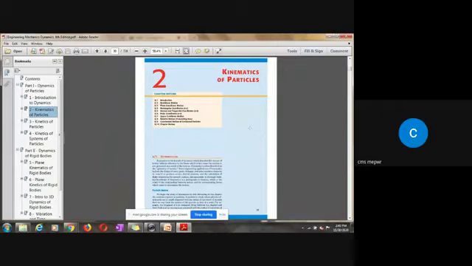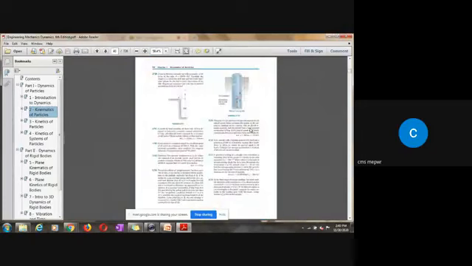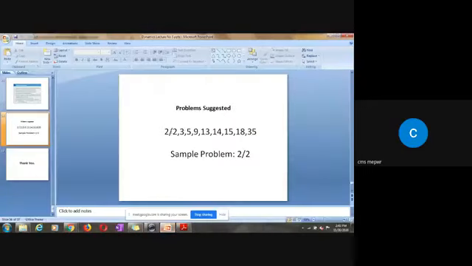Can you see the book? Yeah. Okay, so for example, over here I have shown this problem 2-2, that I have asked you to do. So let's see what this 2-2 is.